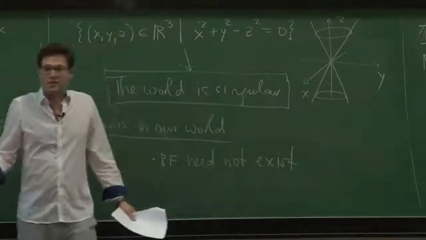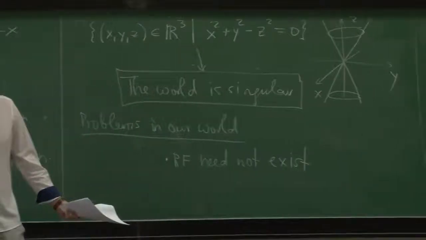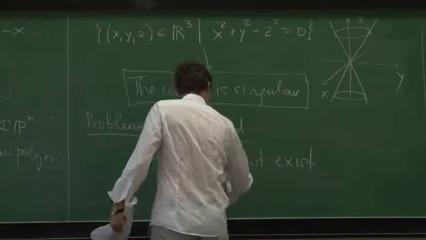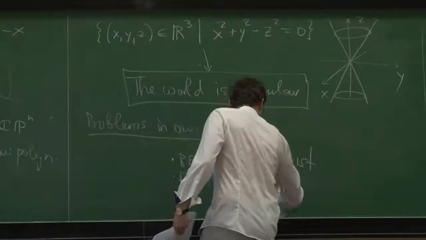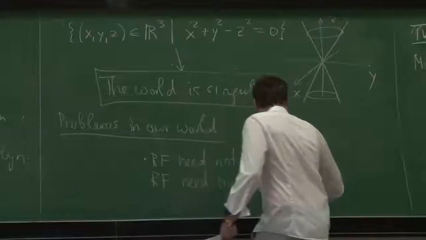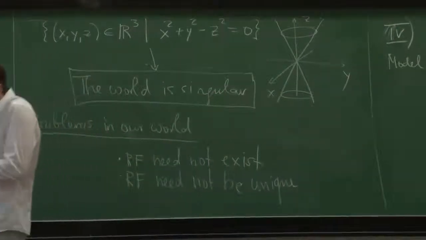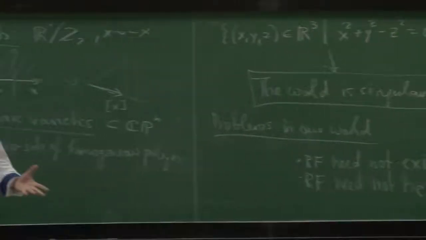We don't know if it exists, and if we want to know, we have to prove it. Second, even if it exists, it need not be unique. You can have one metric where you flow out of the metric with two different Ricci flows.